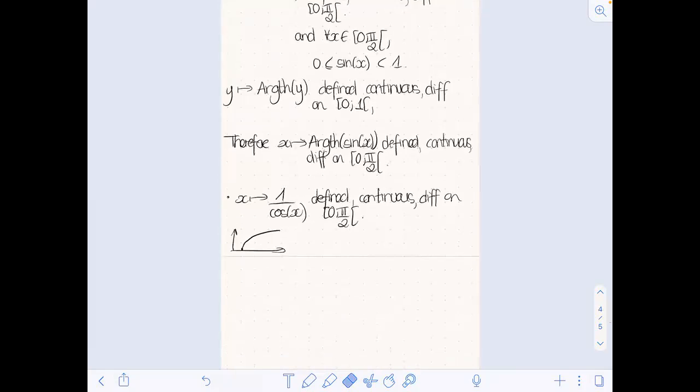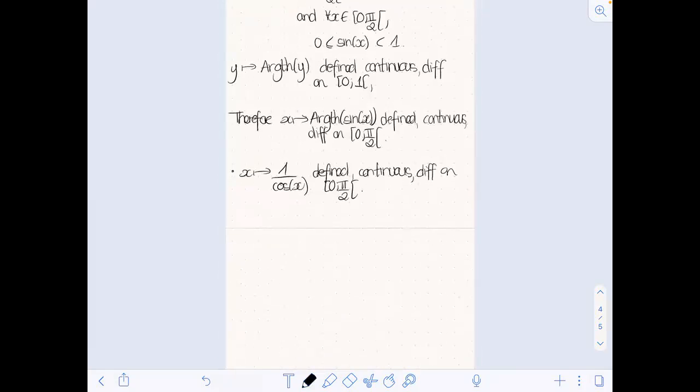So we're going to just have a look at the values of 1 over cosine of x on this particular interval, and we'll see that they're compatible. So we need to prove in particular that that's positive, and always greater than 1.